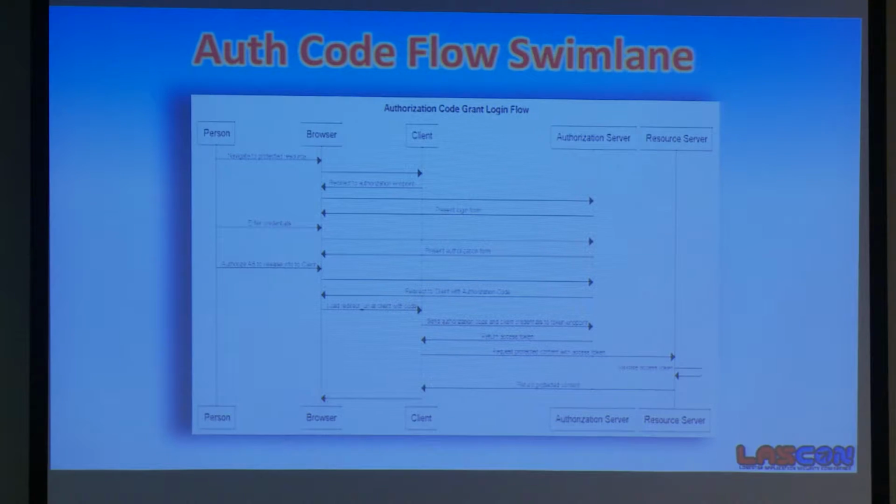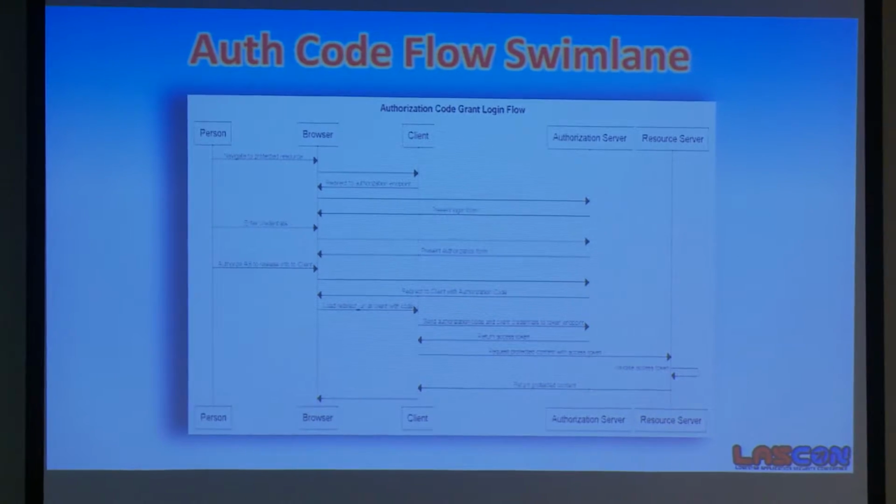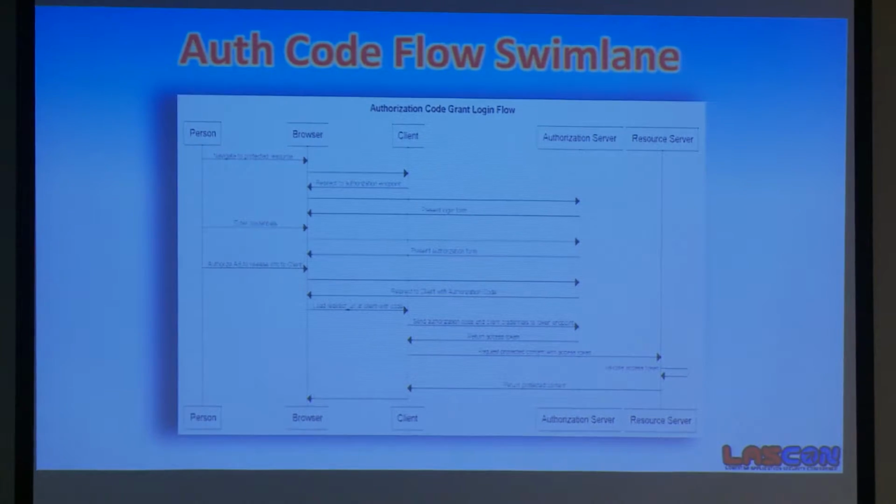A lot of times the refresh token will be rotated, so when you ask for new tokens, you'll get back a new refresh token and a new access token. But that's the basic idea of authorization code. User authorizes, code goes to the client, the client presents its client creds and gets the token.